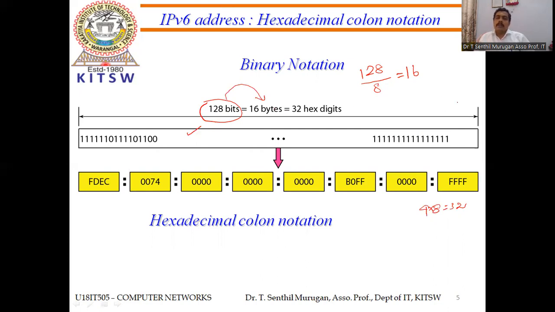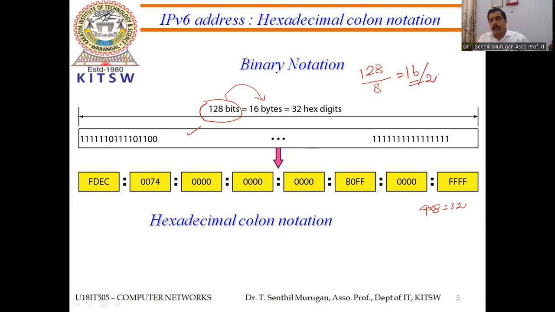So 16 bytes are there. How can we represent them? We want to represent 128 bits, so 16 bytes will be represented as 8 blocks. The yellow color representation shows 8 blocks.